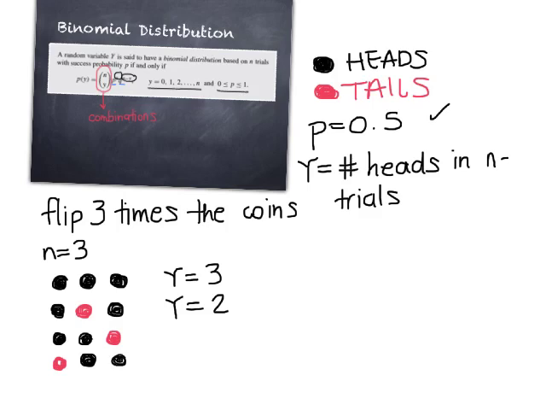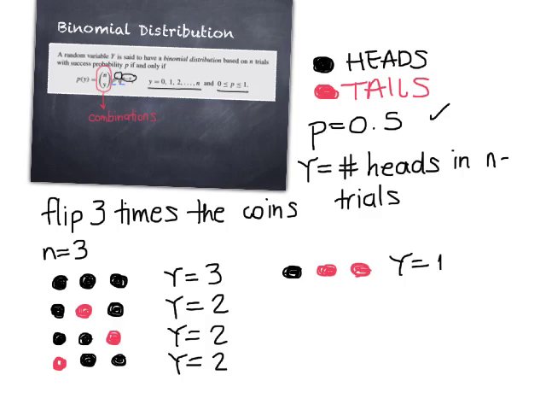So if you see, these three outcomes correspond to the same y equals 2. You could also get, for example, head and then 2 tails. In this case, y equals 1.